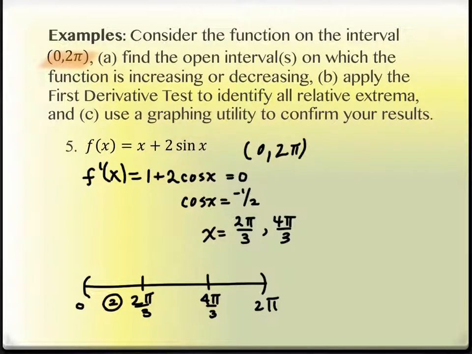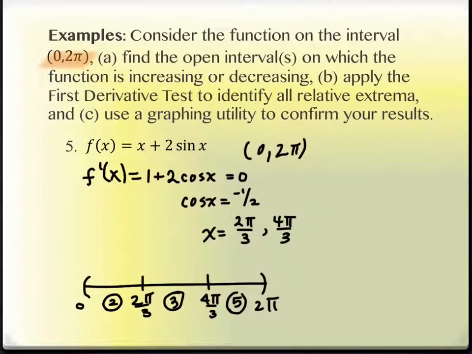Okay, how about between 2 pi over 3 and 4 pi over 3? Let's do 3. And between 4 pi over 3 and 2 pi? 5. Okay, is everybody good with those numbers?